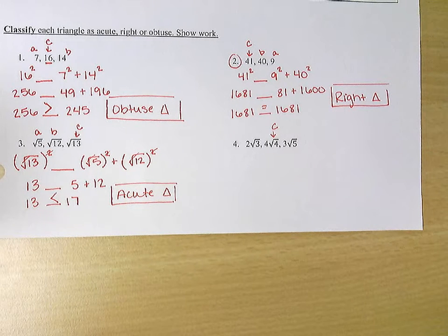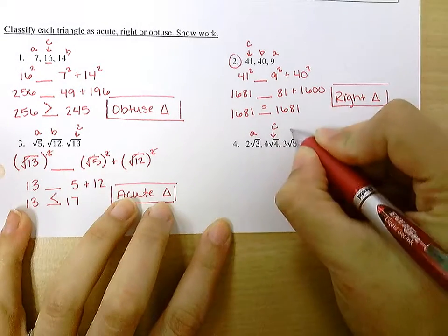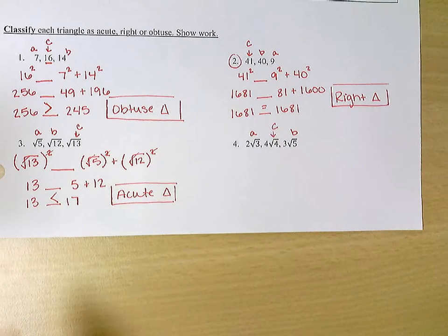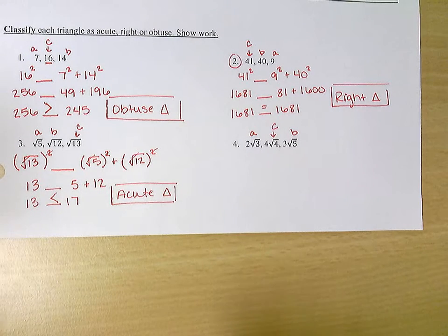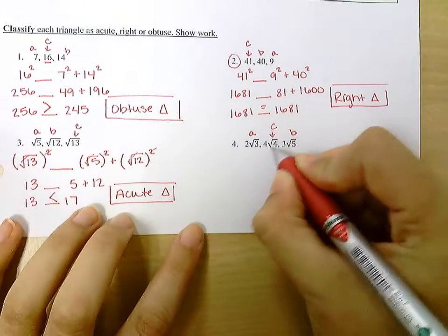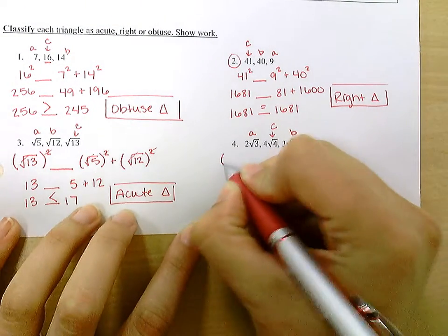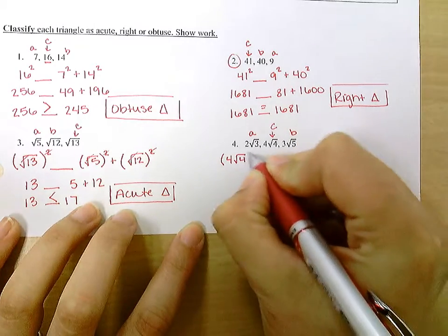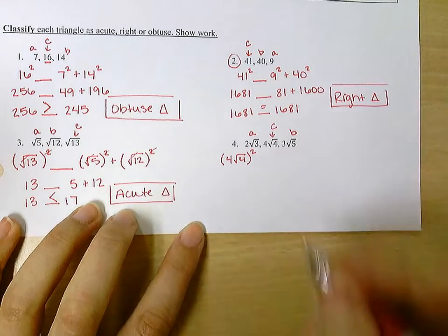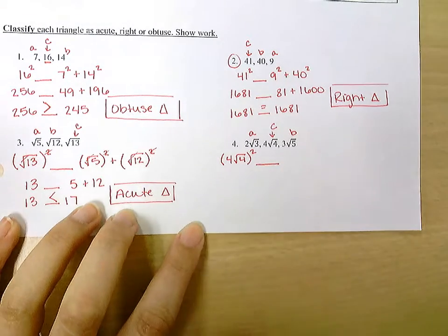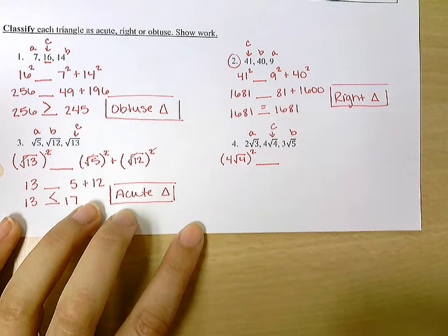Then the other two are A and B. Now, just like I did in number 3, I'm going to put parentheses around that entire quantity. So first off, starting with C, we have 4 square root of 4, squared. Let me guess, they'll equal the same number. Only kind of.